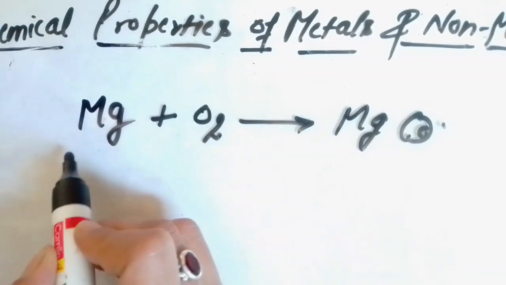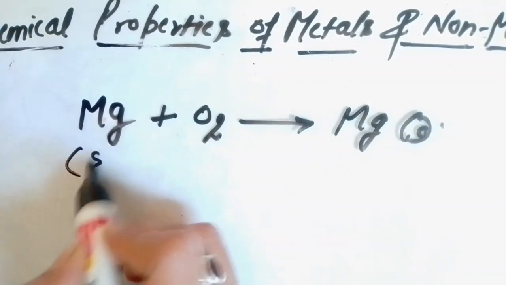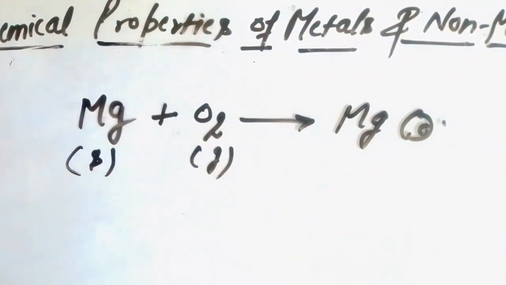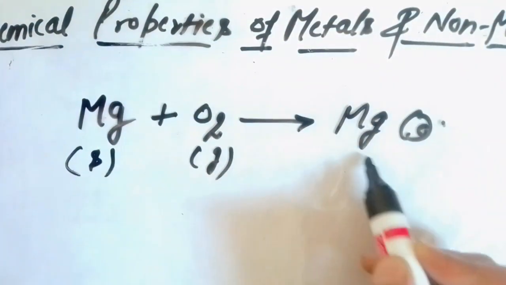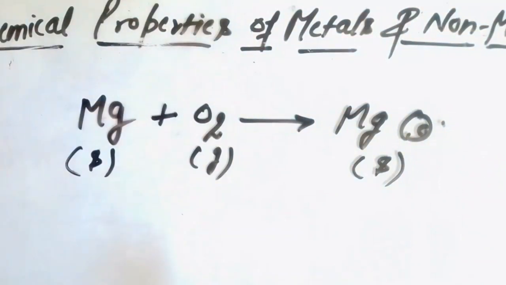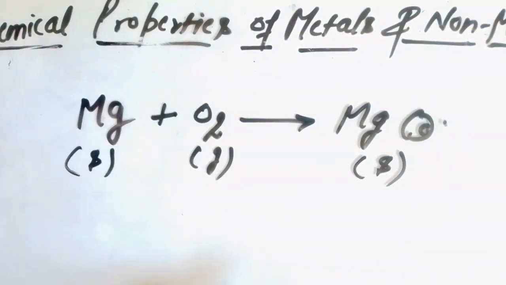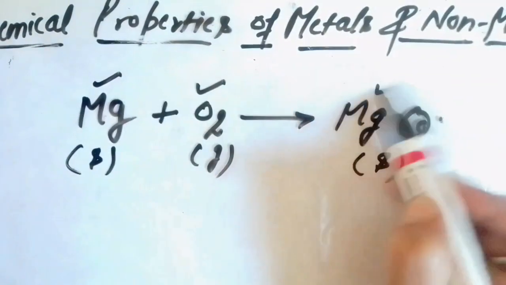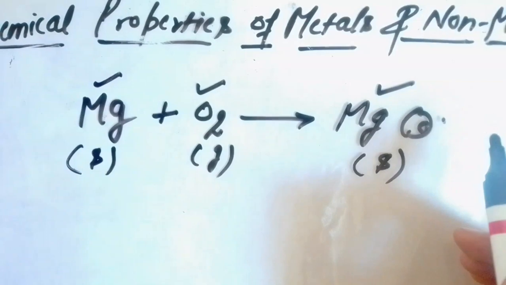We will also write the states here. S indicates solid state, G indicates gaseous state, and this one also indicates the solid state, as the powder will also be in the solid state. So this is magnesium and oxygen, and this one is the magnesium oxide, right?